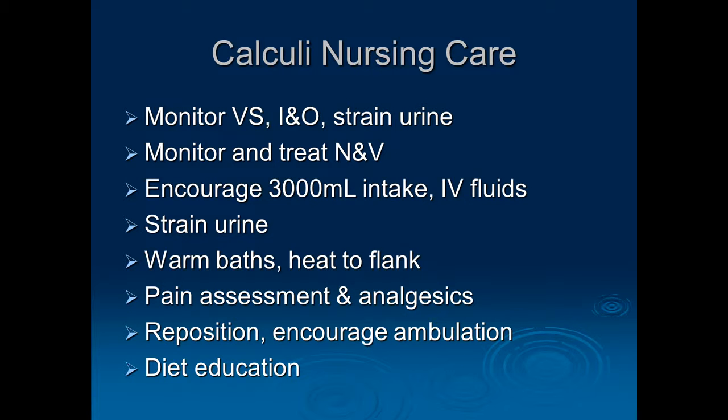Strain the urine with a strainer. Warm baths and heat to the flanks sometimes are soothing. Reposition the patient and encourage them to ambulate because you want to get that stone out of there. Also, depending on the composition of the stone, there are certain diet modifications that are called for.